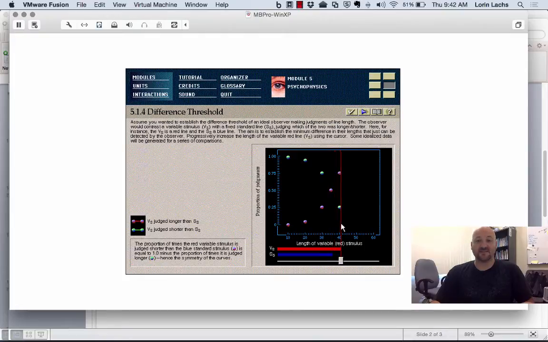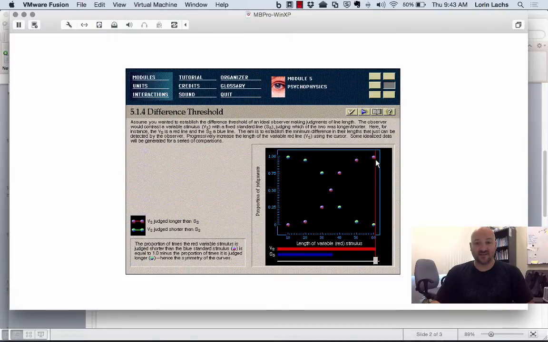And then as the red line continues to get longer and longer, it is now always longer than the blue line physically. People will detect that it's longer more often, until by the time the red line is at its full length, it will 100% of the time be detected as longer.